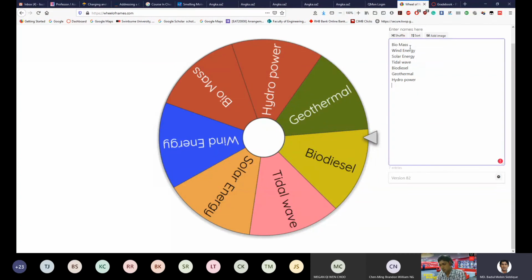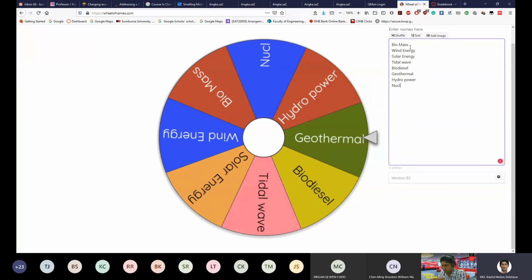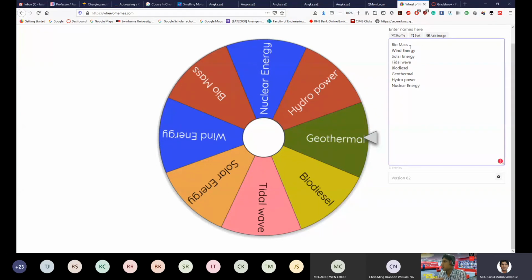Wind is already here. Solar, wind, hydro, geothermal, nuclear is missing. Energy is missing. How many? 1, 2, 3, 4, 5, 6, 7, 8. Oh, now it's 8. That makes sense.